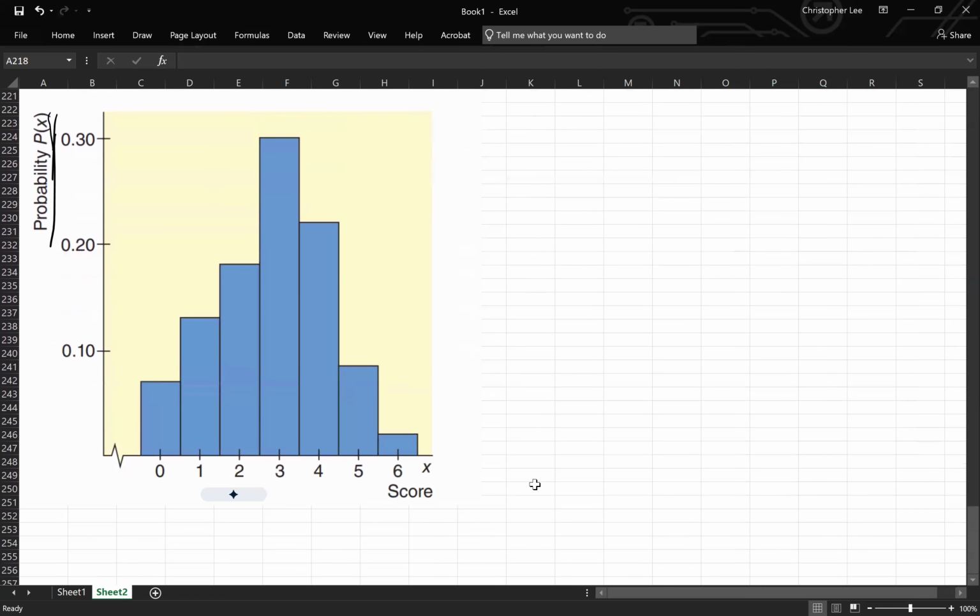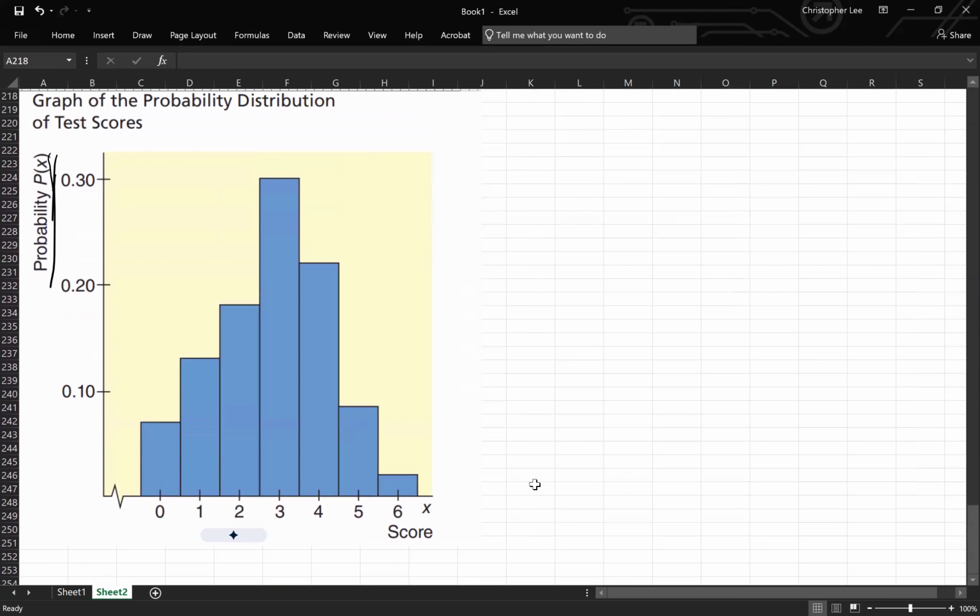Now, what's different about this histogram versus the ones that we used to do before? Remember, we used to have the class boundaries, going from the lower boundary to the upper boundary. Over here, we don't do that. Over here, the number on the score is in the middle, so 0, 1, 2, etc. It's in the middle of each bar, but it's still a histogram because there's no space between the bars.